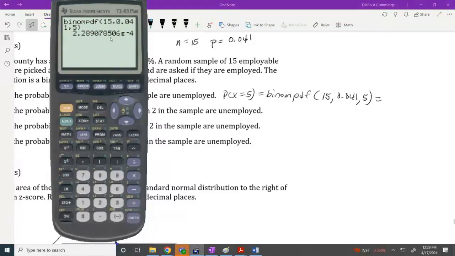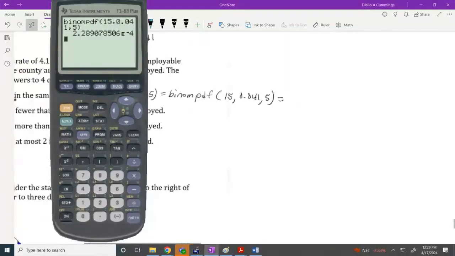Mine says 2.289 e to the negative 4. Let me explain that e to the negative 4. That's actually 10 to the negative 4th power, which means that you have to move that decimal 4 places to the left.